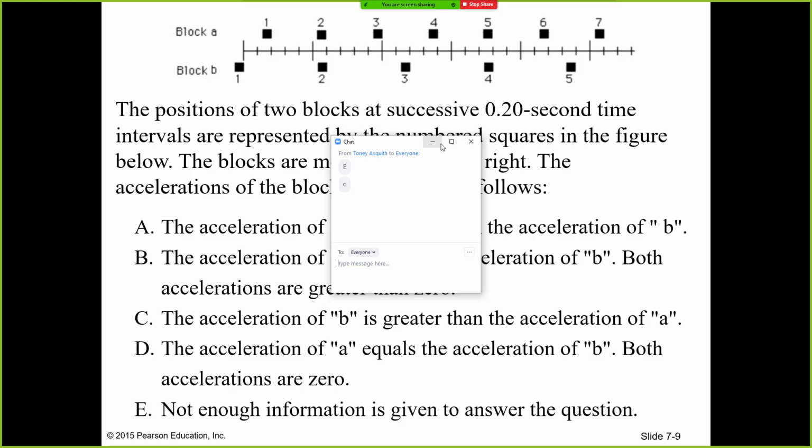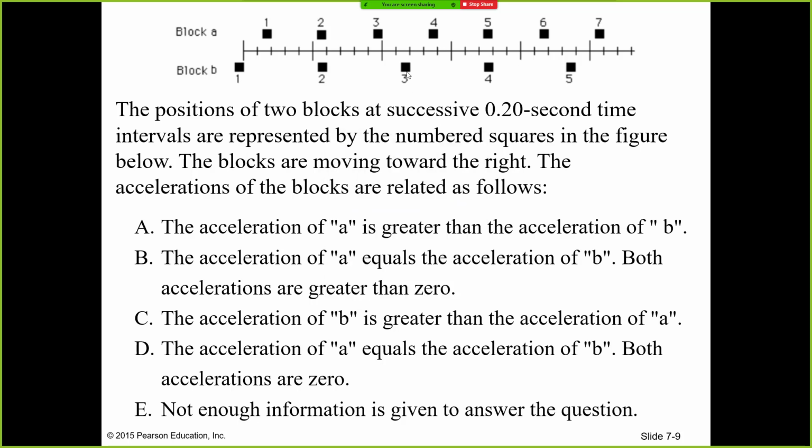Okay, so acceleration of B is greater than acceleration of A. Someone is saying that. Acceleration means change in velocity. So change in velocity. Is the velocity changing for A and B? It's constant.